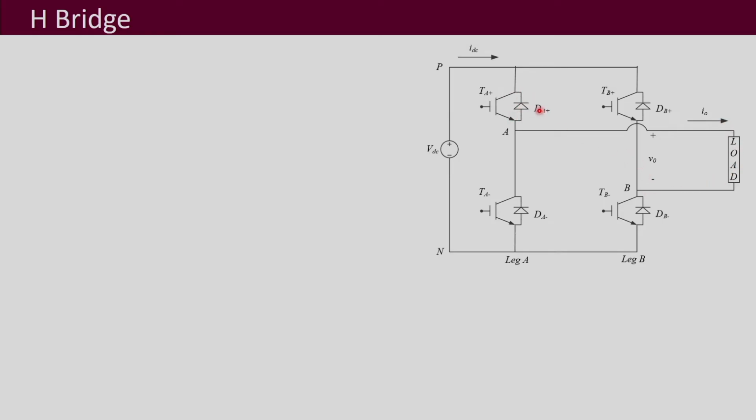And these diodes are named similarly to the transistors: DA plus, DA minus, DB plus and DB minus. And the current through this DC bus is denoted as IDC.